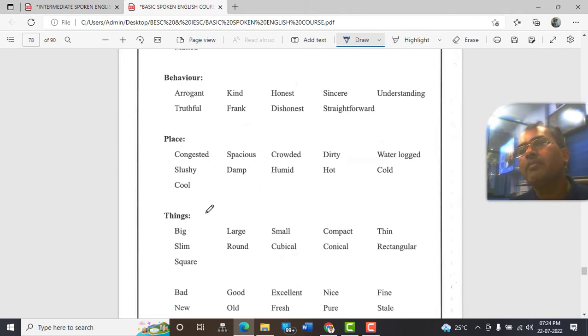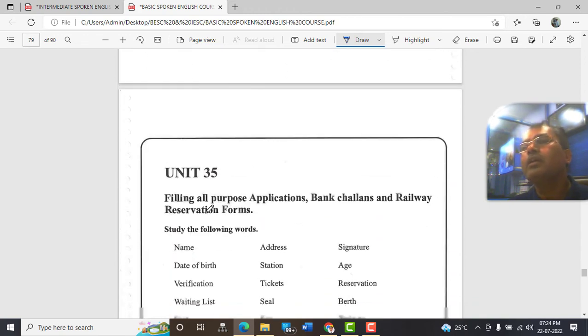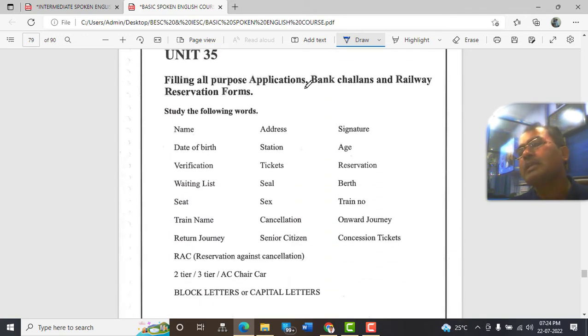Okay, air, behavior, place, things, and filling all purpose application forms. Sometimes the way you write an email, you will always know only because of your email. Either you get an offer letter, or you get an interview call, or you will not get an interview call.